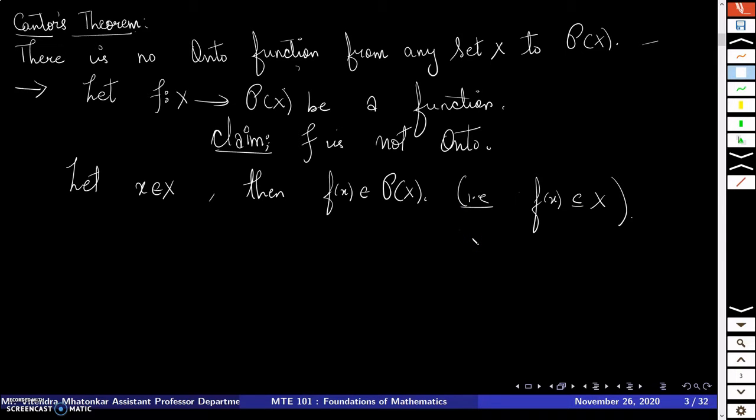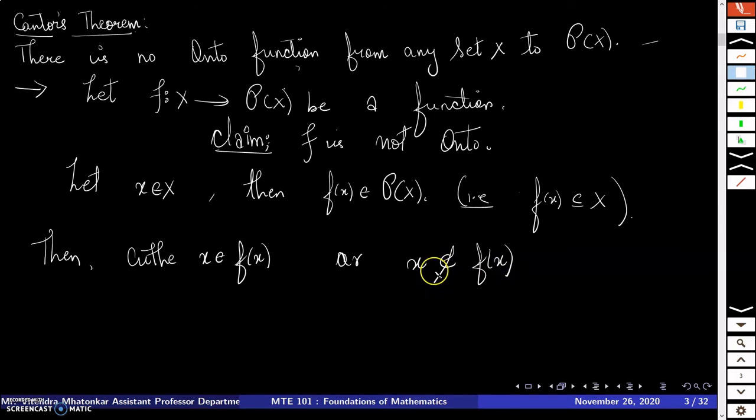Right? Now small x is an element in capital X and f of x is a subset of capital X. So there are two choices now. Either this small x belongs to f of x, which is a subset of X, or x does not belong to f of x, right?